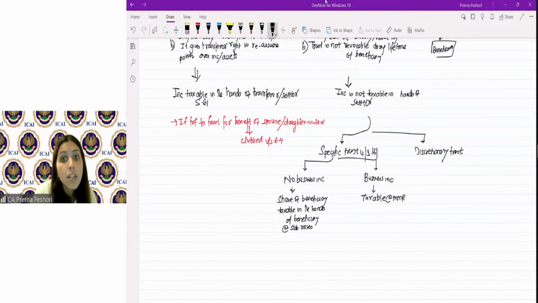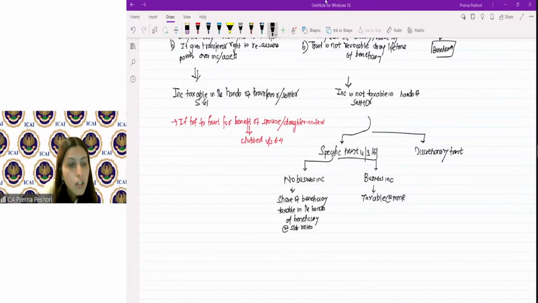So in that case, the representative assessee. Now who is a representative assessee? Now the representative assessee means that the trust is not a person, right? A trust is not a person. So somebody has to be elected as a representative assessee who will represent the trust for the purpose of the collection of the taxes. So in case a trustee is appointed under a trust, he will be treated as the representative assessee.